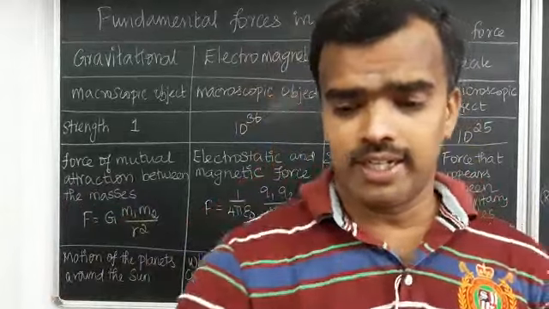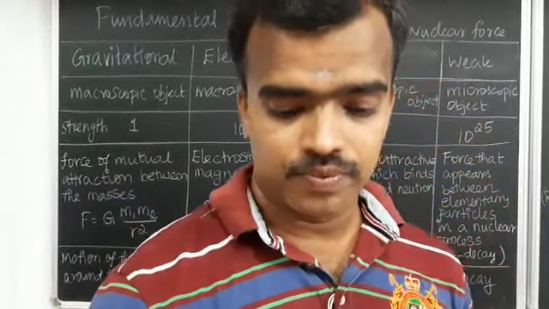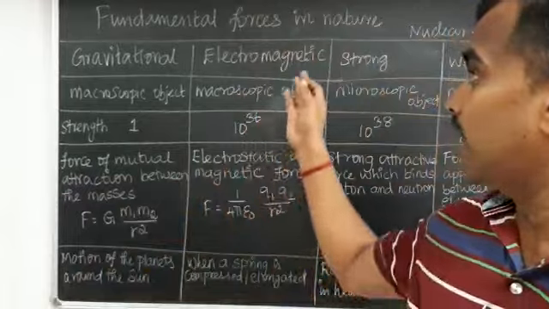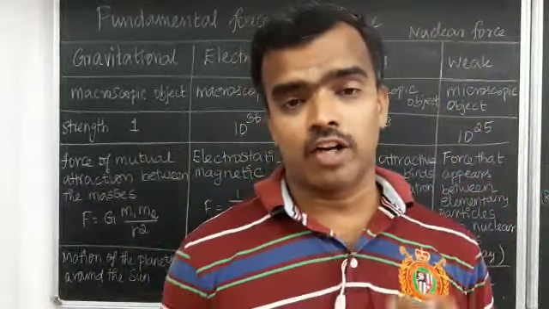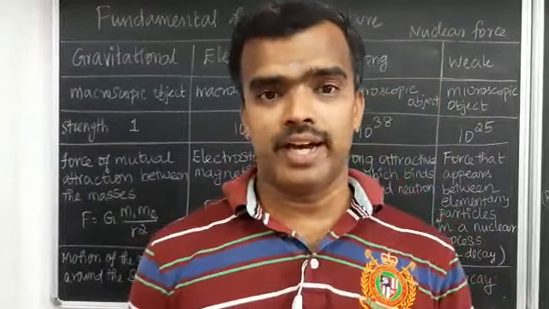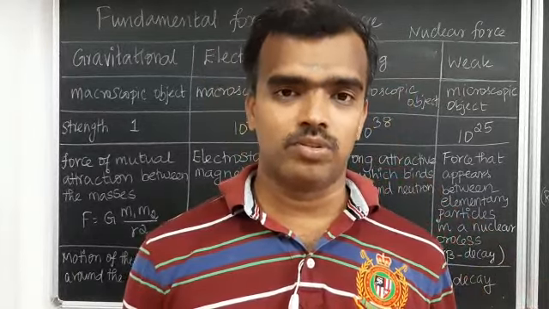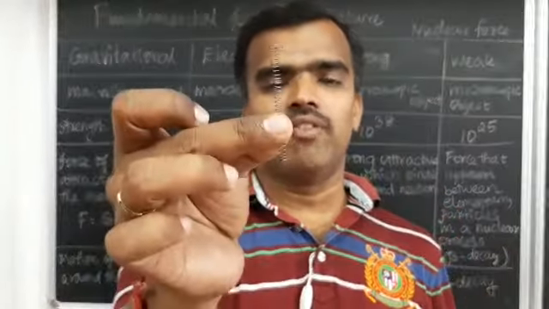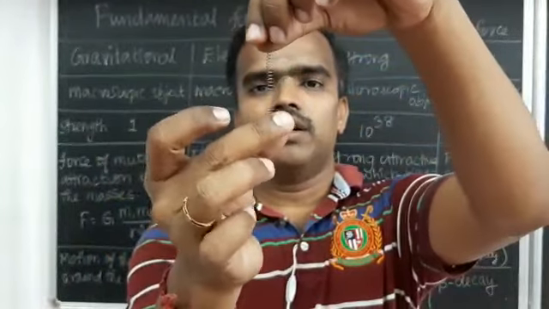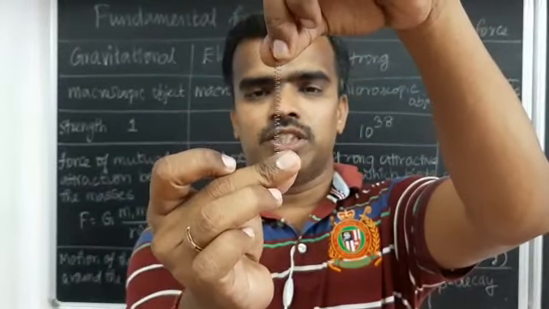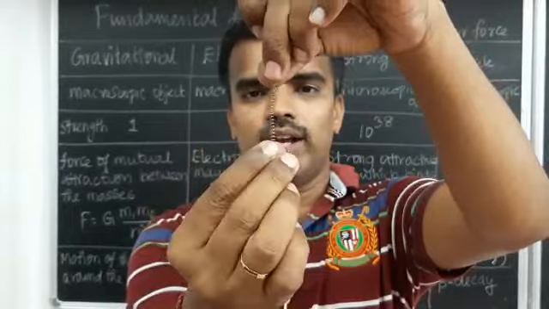Then what about electromagnetic? What is called electromagnetic? Electromagnetic force means it has both electrostatic as well as magnetic force. As in this spring, if I am elongating or stretching, and again compressing, what will happen?